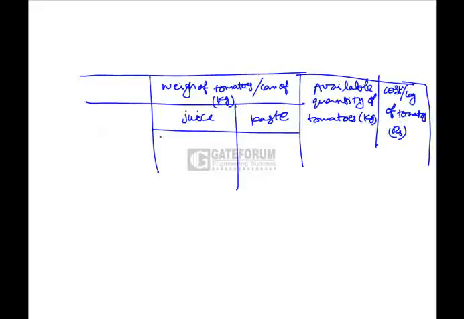In one row there are tomatoes and in another row, price per can in rupees.